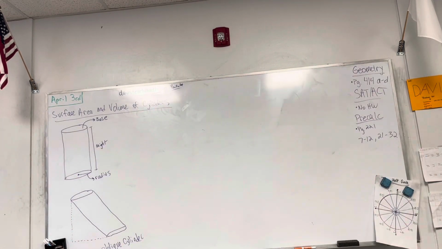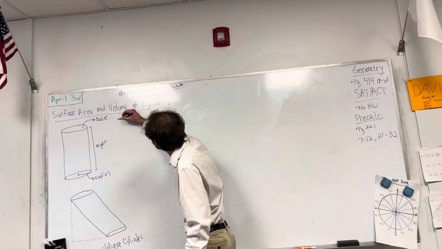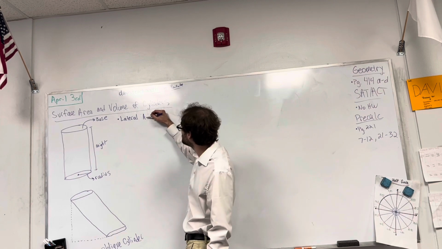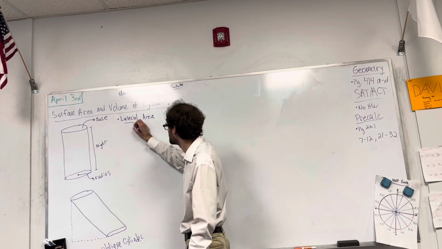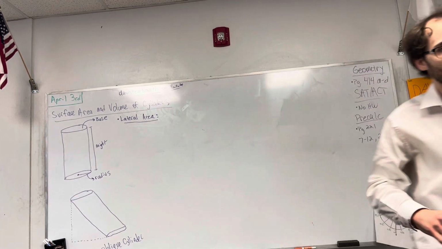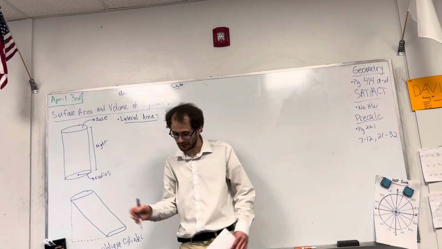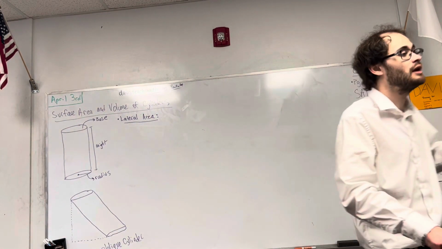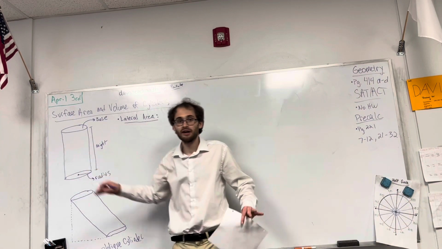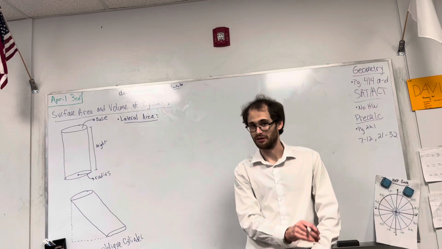Okay. I gotta remind you of one other definition here. I want to remind you what lateral area is. I'm not going to redo surface area and volume. Those do generally stay the same. The lateral area is the same as well, but there's something I want to emphasize here with the cylinder. Okay, so remember, lateral area is just the total area of all of the surfaces, not including the bases.